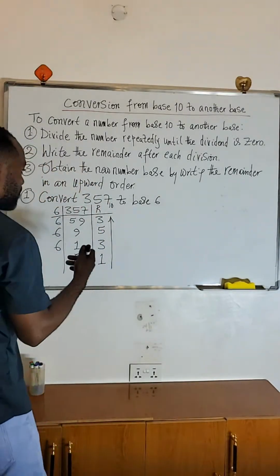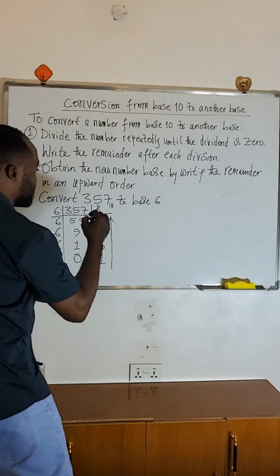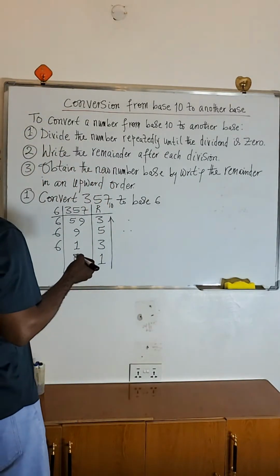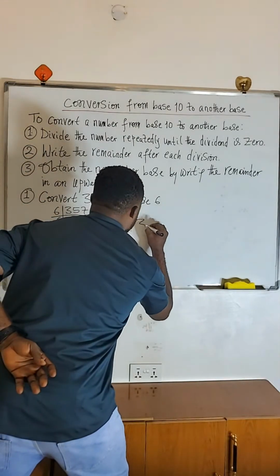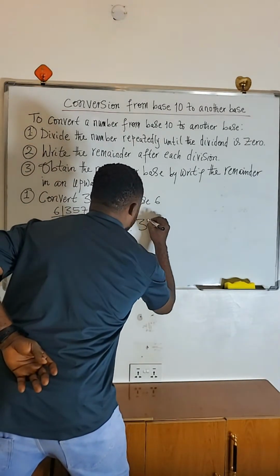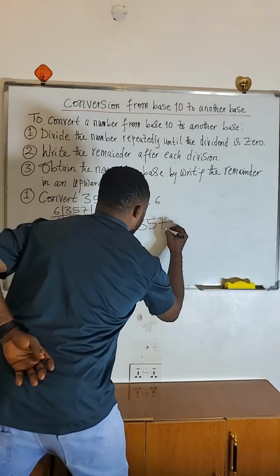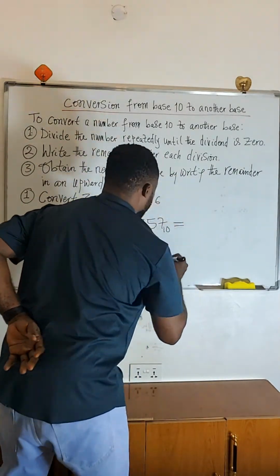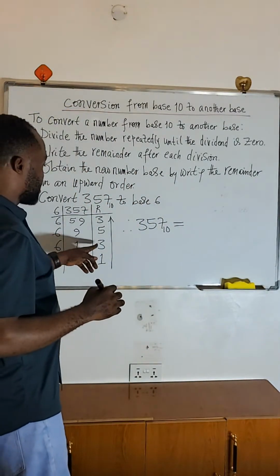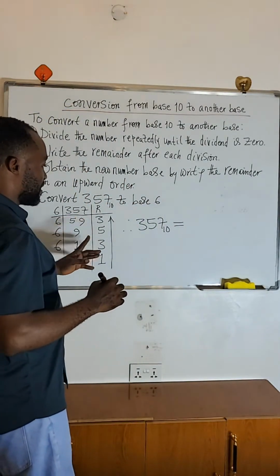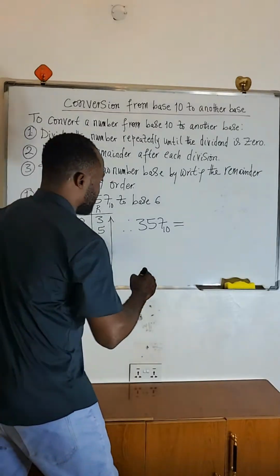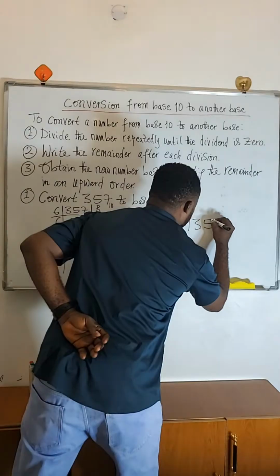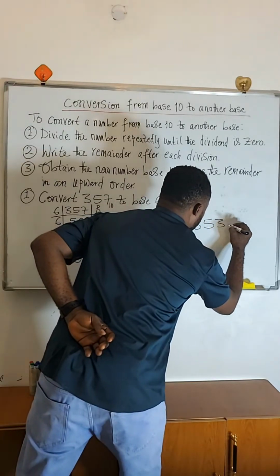So from here, we can now say, therefore, 357 in base 10 equals 1353 in base 6.